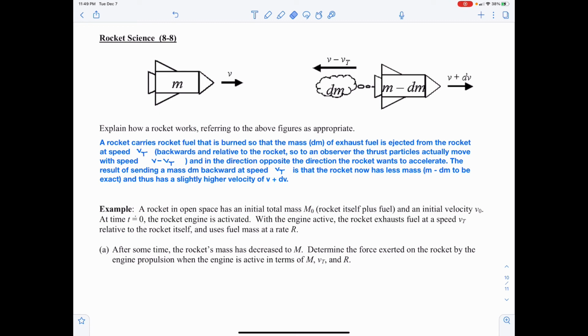The particles move with the speed of the rocket, but they're also moving in the opposite direction, being thrusted back, hence v minus vt, in the direction opposite to the direction the rocket wants to accelerate. The result of sending a mass dm backwards at speed vt is that the rocket now has less mass, m minus dm to be exact, and thus has a slightly higher velocity of v plus dv.